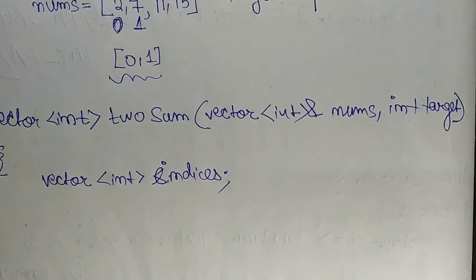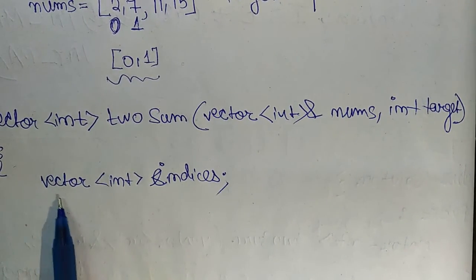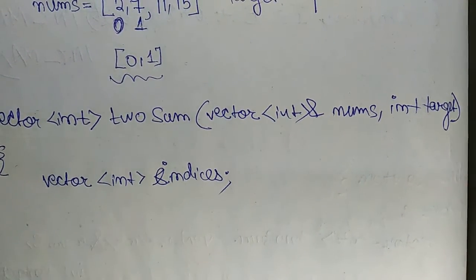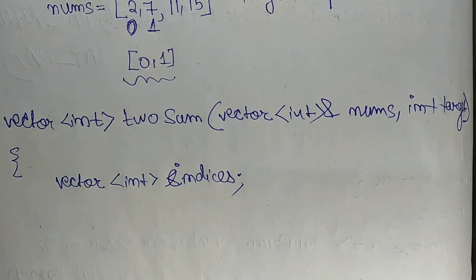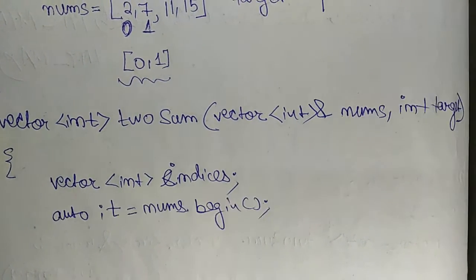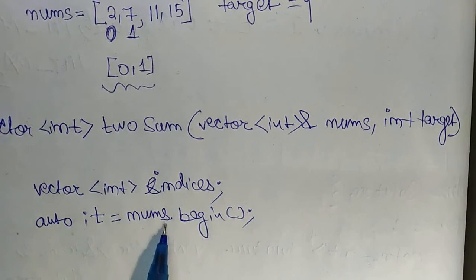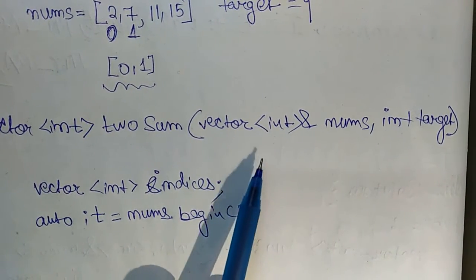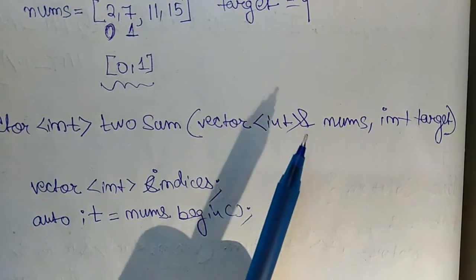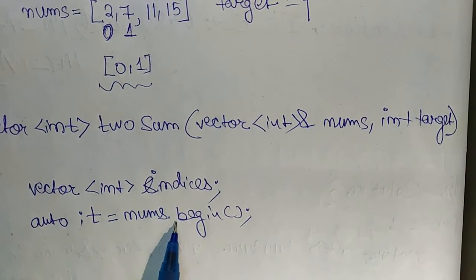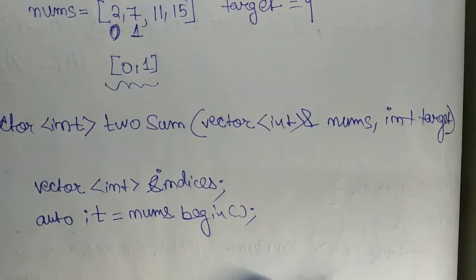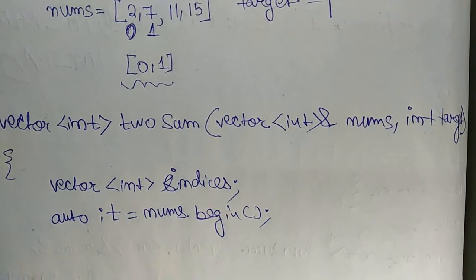So concentrate here. I have taken one vector of int, indices. Now I will take an iterator, which is nums.begin, the first iterator, which will store the first index.